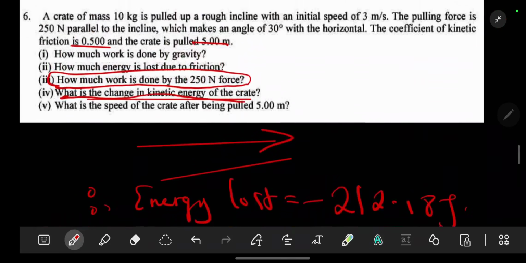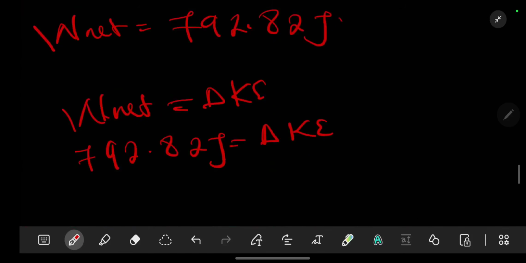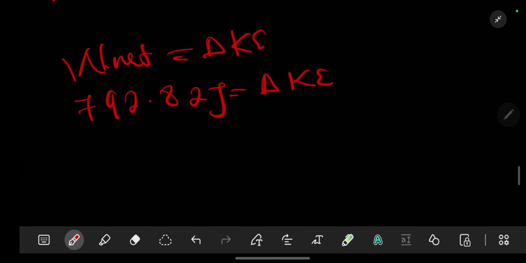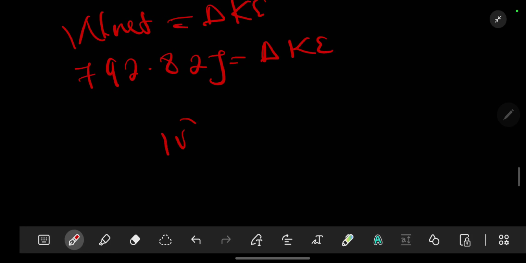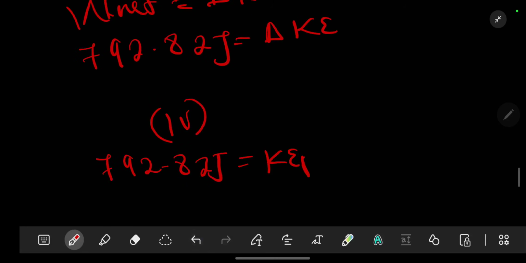Then they asked us what is the speed of the crate after being pulled 5 meters. So how do you calculate the speed? Provided that you already have this equation, no need to waste time. The change in kinetic energy, 792.82 joules, is equal to the final kinetic energy minus the initial kinetic energy.